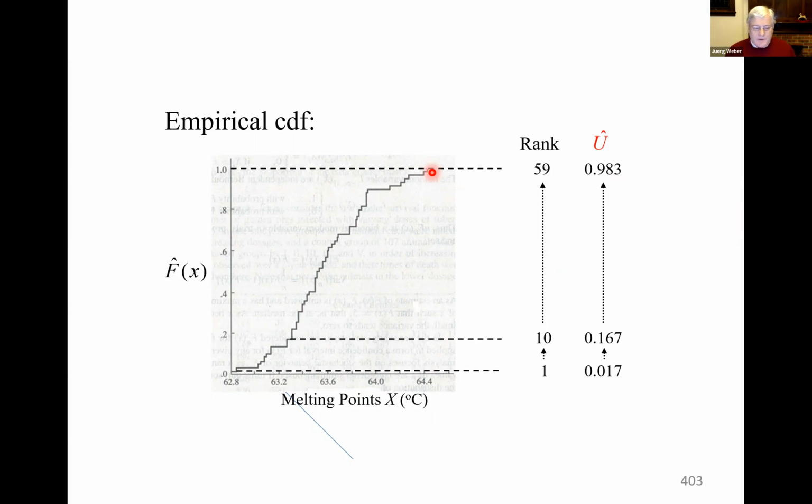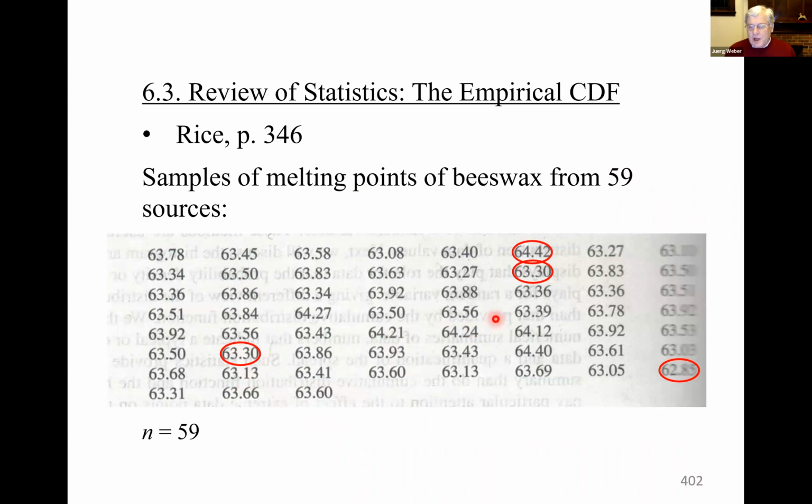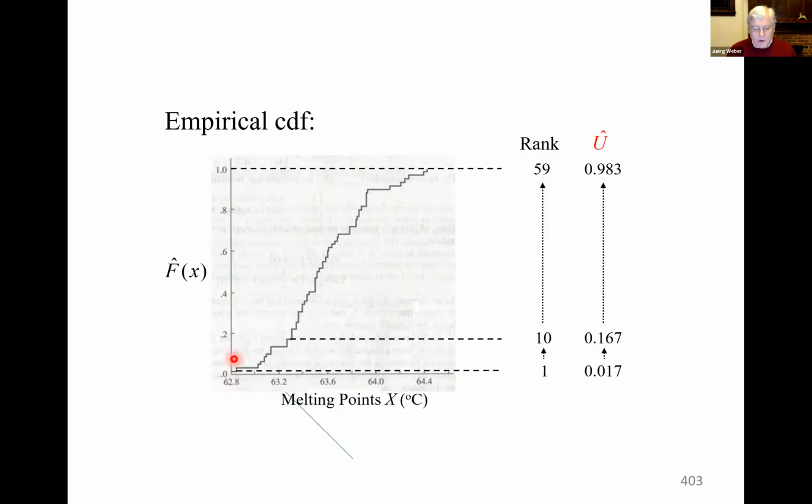And so each observation we plot here, and we go up a step. So 62.85, and then you have the next one, and so on. Each one gives you a step. Sometimes a step is bigger because you have two observations. You see 63.3 appears here twice. So with 63.3, that's about here, we have a step which is twice as high as those single steps, because we have two observations.